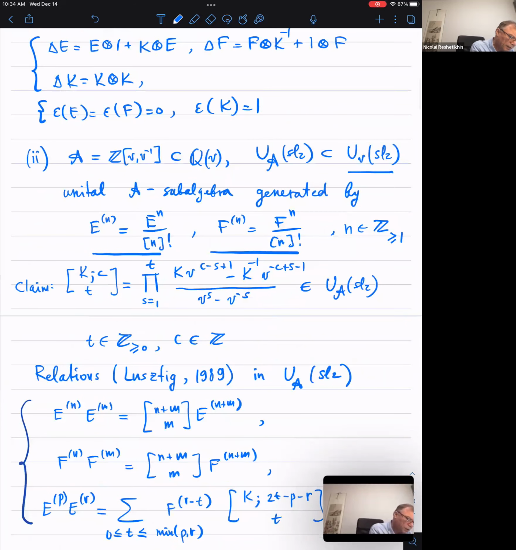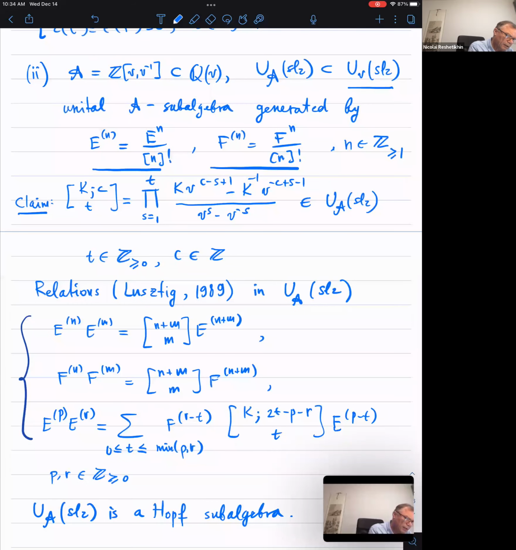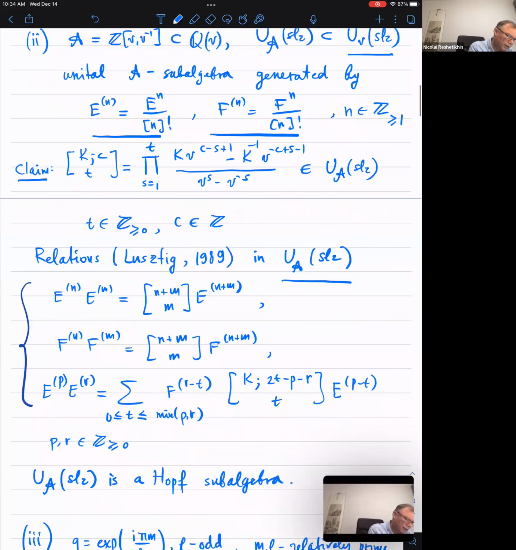So first claim that these funny elements, they belong to our algebra, simply because they appear as commutators of these divided powers. And then the relations were written by Lusztig. So this is a complete list of relations in this algebra.